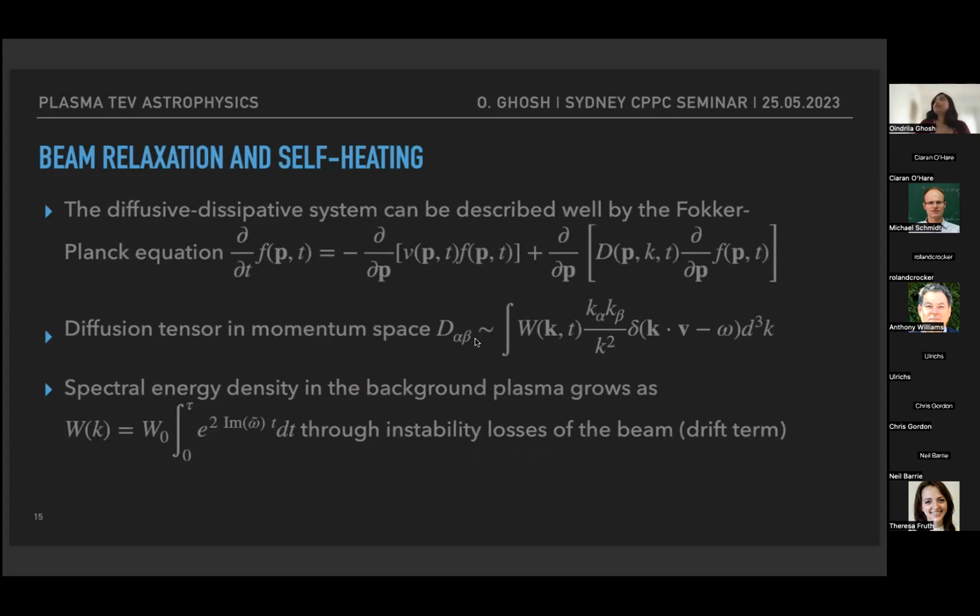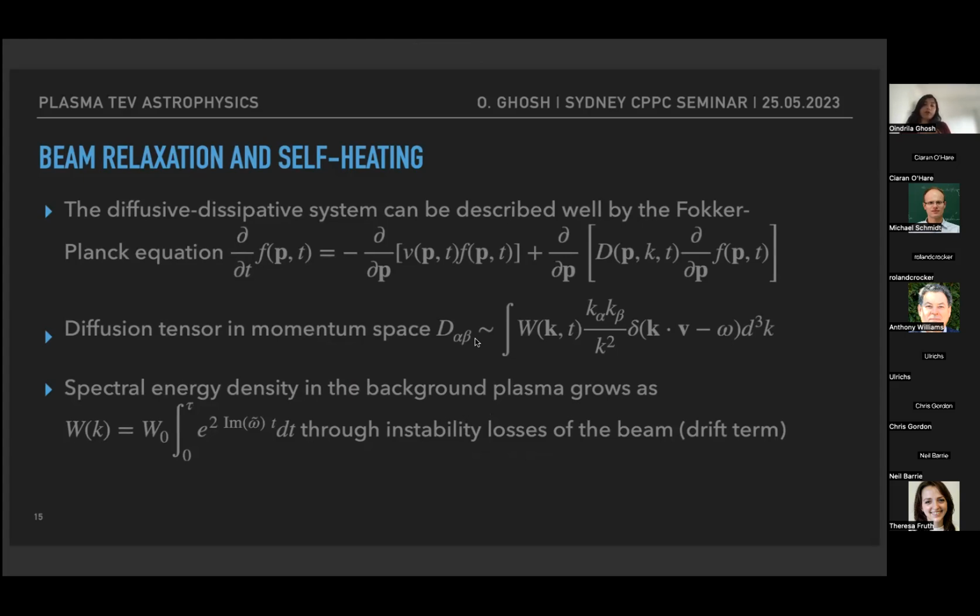So the other phenomenon we expect here is beam relaxation, and in addition to heating of the background plasma, how the beam can heat itself, meaning how the beam can broaden, and the beam particles can undergo momentum dispersion.